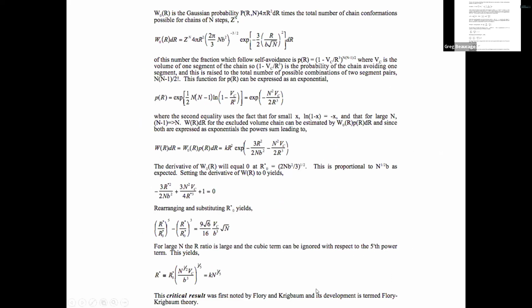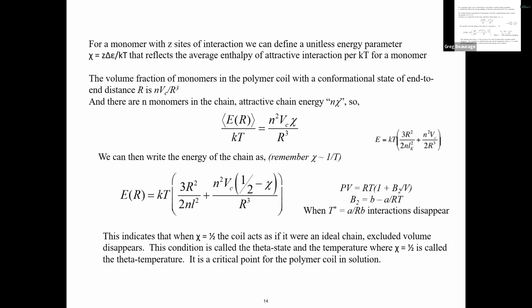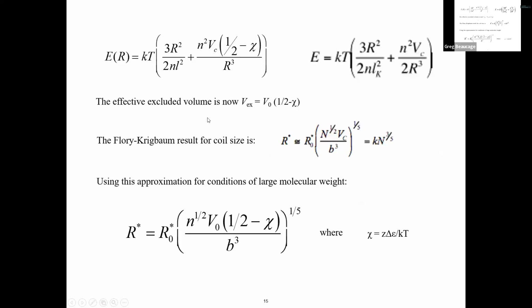The excluded volume term is N squared Vc over 2 R cubed, and the thing you get from that analysis is N squared Vc over R cubed times chi, because the 2 is missing. So you end up with 1/2 minus chi, and you have the same prefactor. And chi is 1 over T, so chi has this 1 over T dependence.